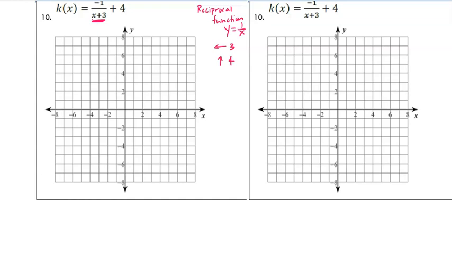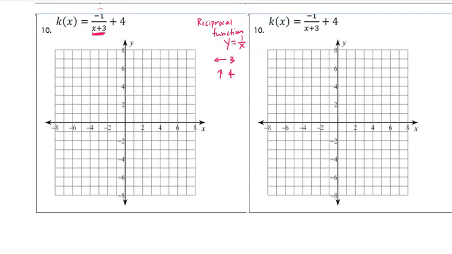And then this negative 1 tells us that, notice that that's still inside the function, that is a reflection over the y-axis. So that means that all the x values you multiply by a negative 1.